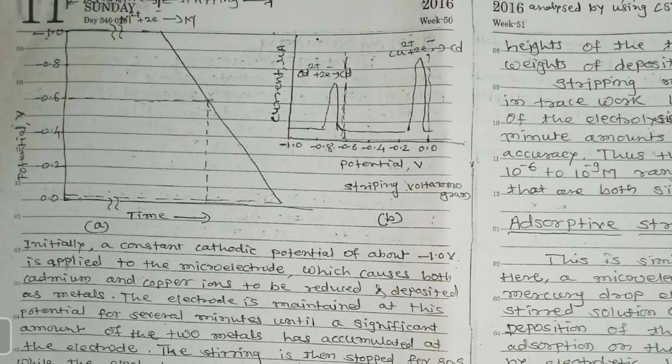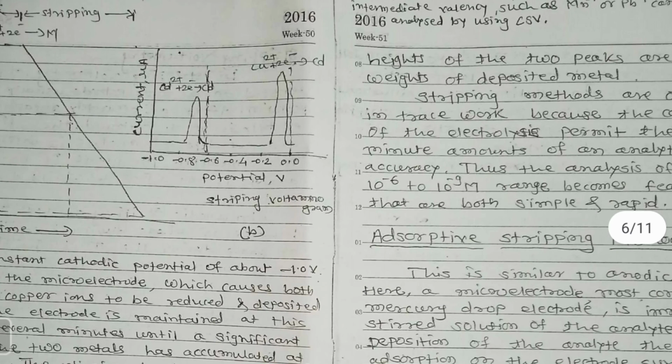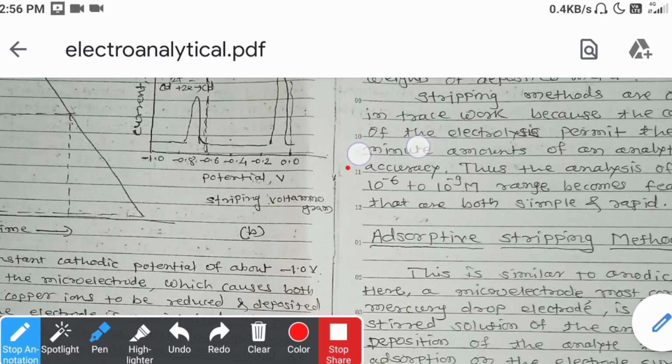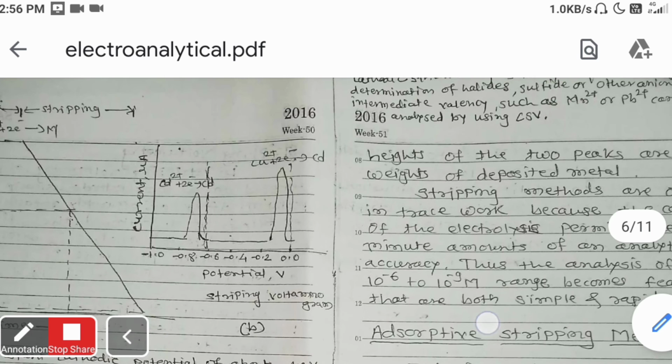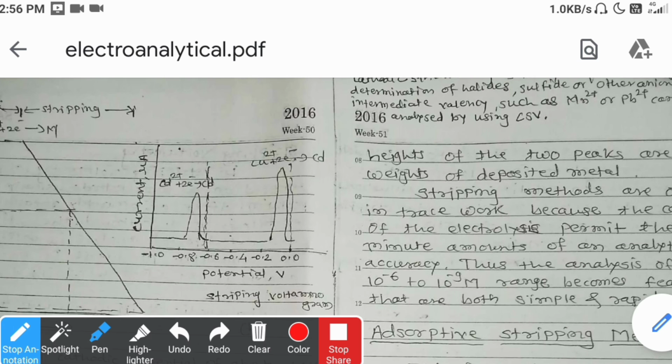Both steps are used for the analysis of particular elements, and the analysis is generally done using normal pulse or differential pulse polarographic methods. The second step is the same, but the first step, the pre-concentration step, gives you better accuracy, so that 10 raised to minus 6 to 10 raised to minus 9 molar solutions can be analyzed.